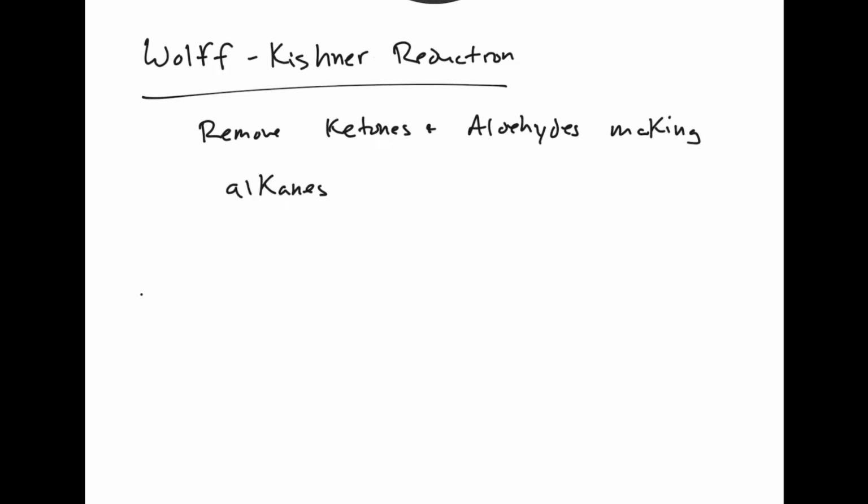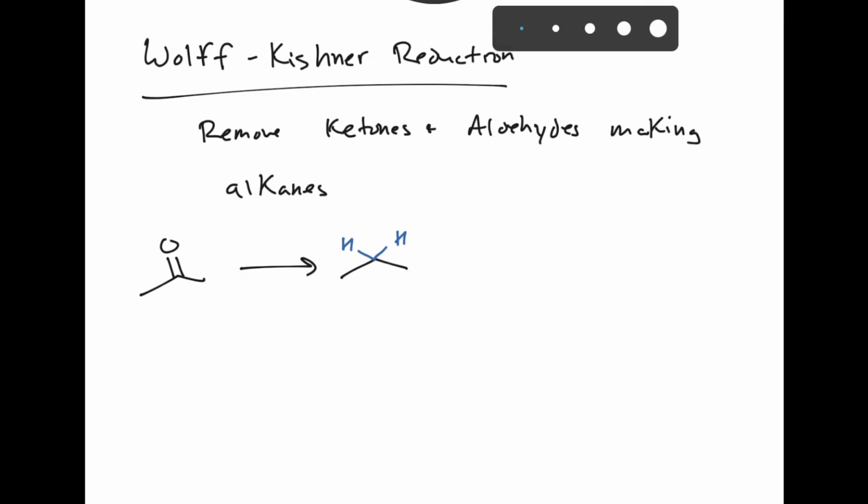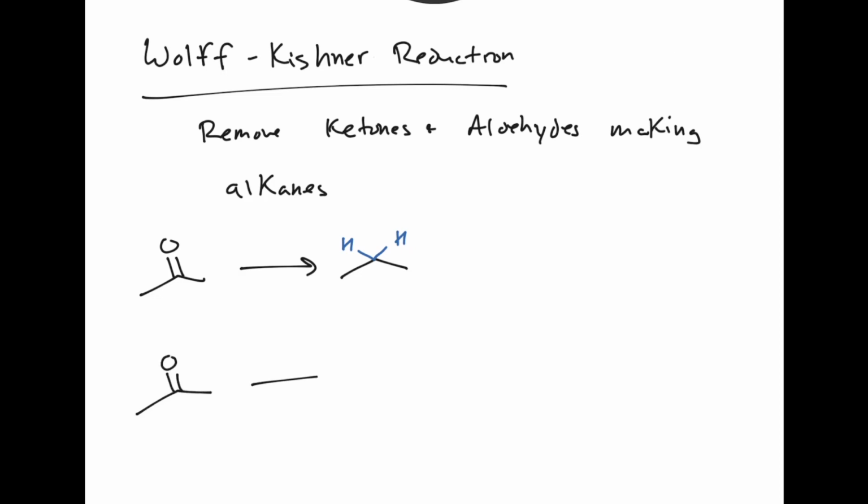So we can take our ketone and turn it into an alkane where we remove the ketone and put a hydrogen on that carbon. This is a two-step process. First, we need to turn our ketone into a hydrazone.